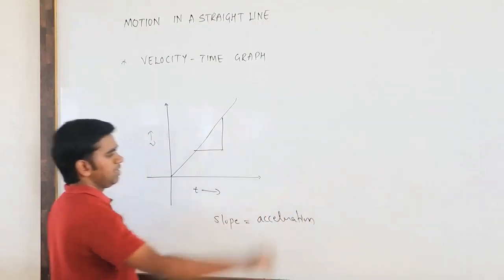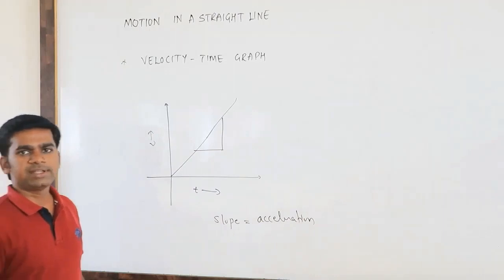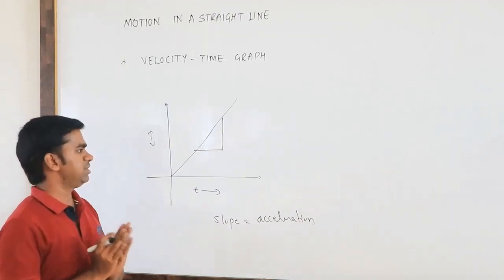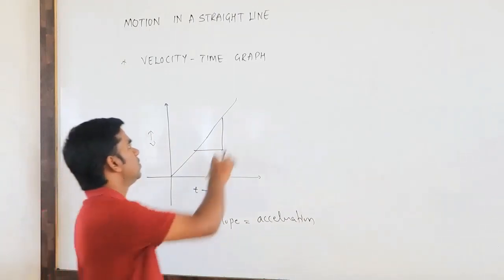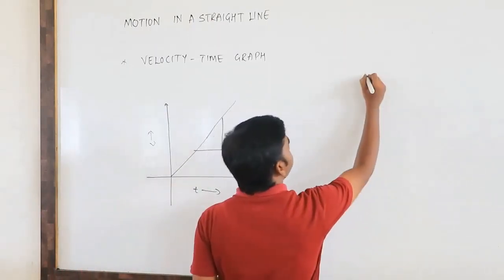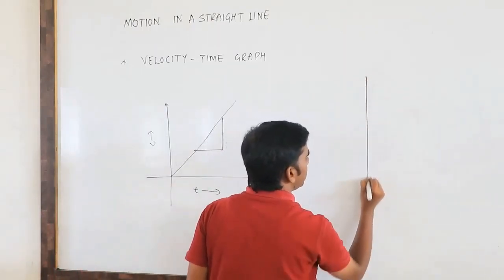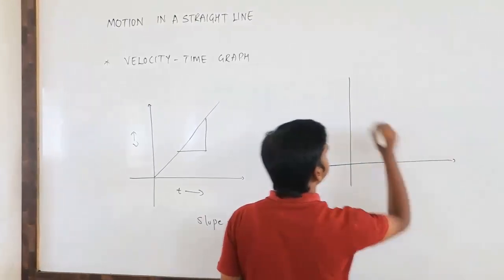Here one more important physical quantity we are going to get, so that we will see. Suppose you have a velocity-time graph over here.